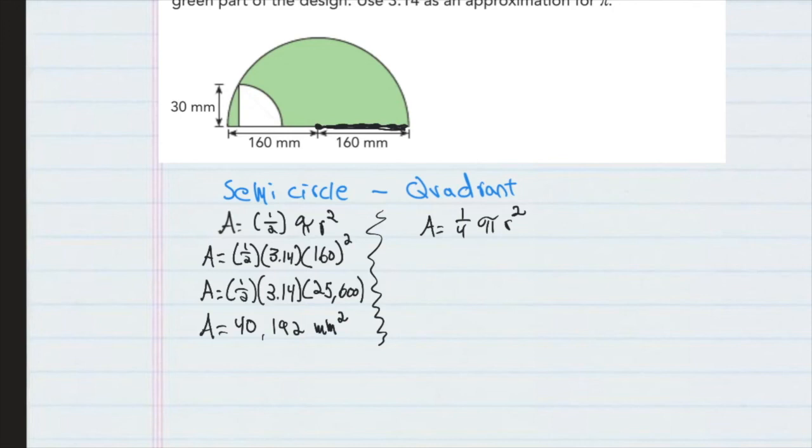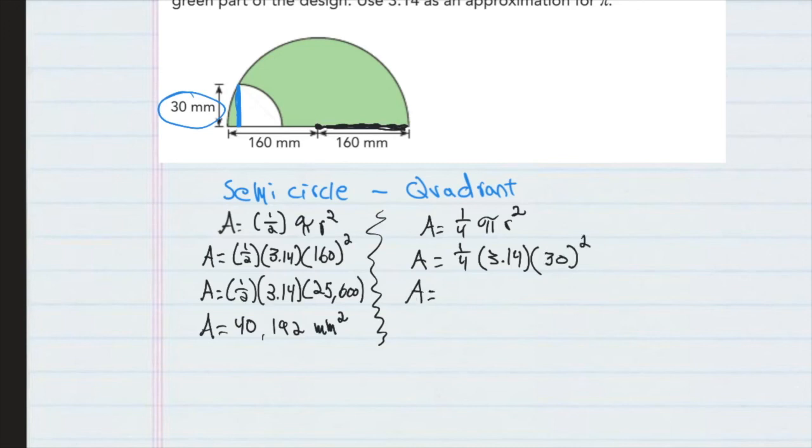And then we move on to the quadrant. So we have area equals 1/4, and then we're using 3.14 for pi. And the radius of the quadrant is this length right here, which they give us as 30. So 30 squared.